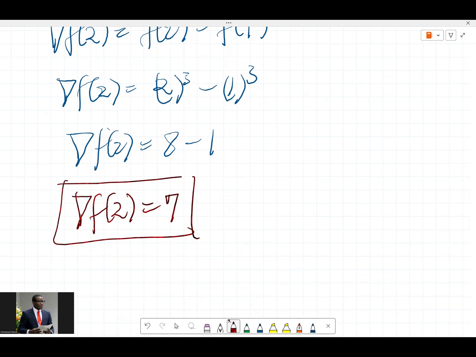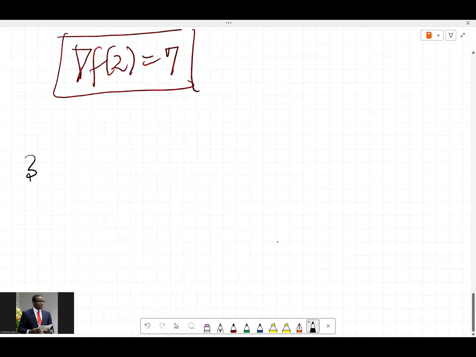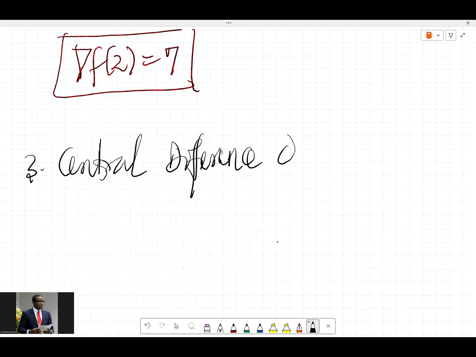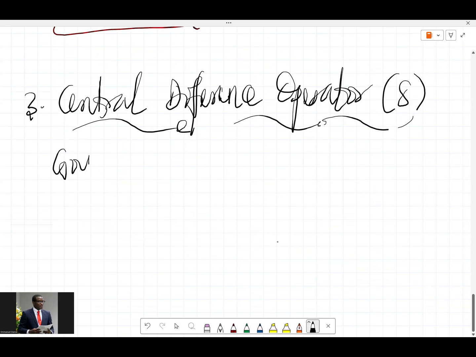So then we go ahead and talk about the central difference operator, delta. In this case, imagine that we are given f of x equals sine x.